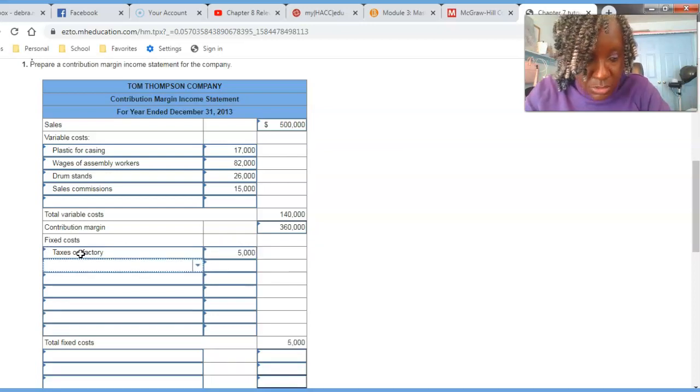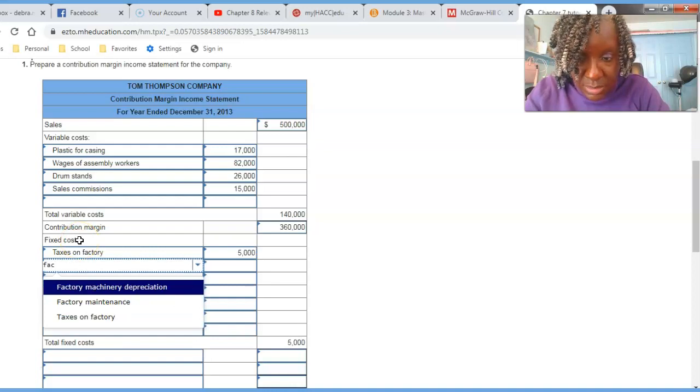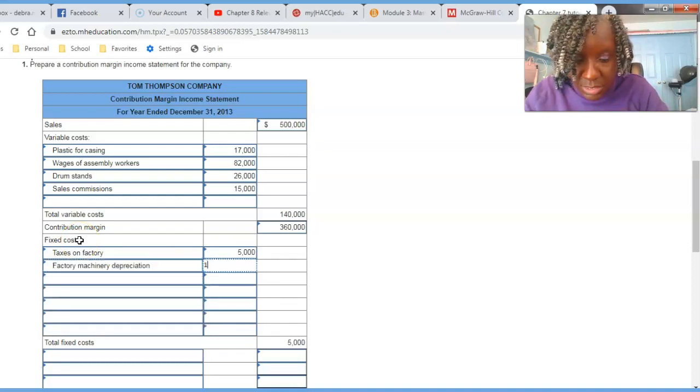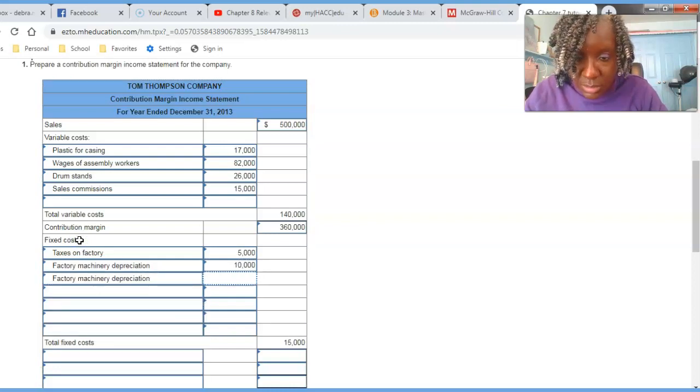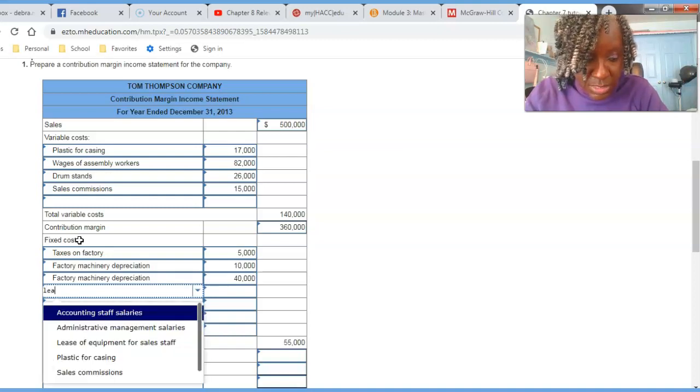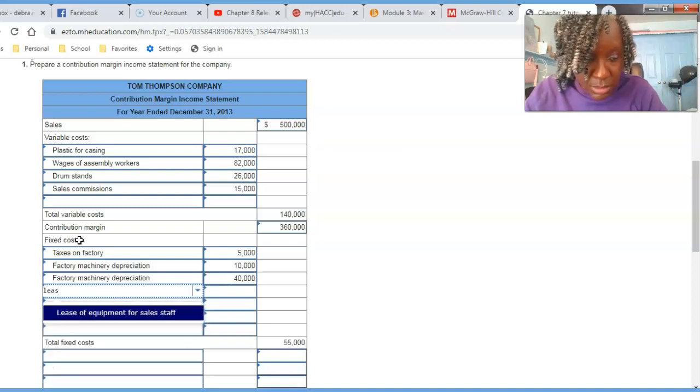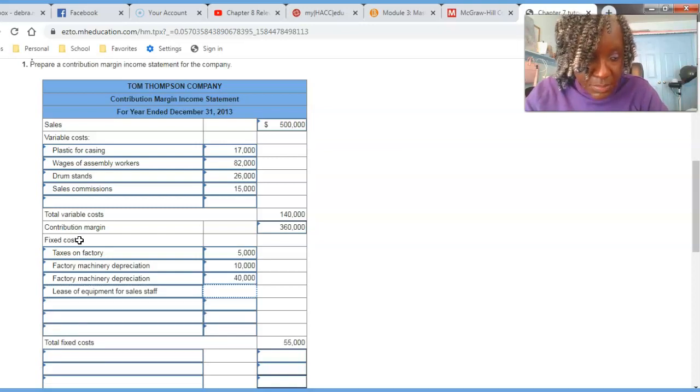Then the next is going to be factory maintenance, and that's about $10,000. The next is going to be our factory depreciation, and that's about 40 grand. And then we also have to deal with lease of our equipment for sales staff, and that's about 10,000.